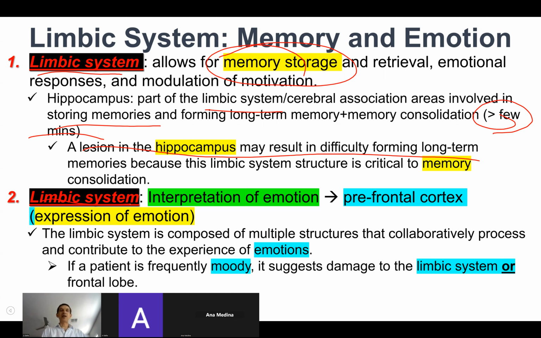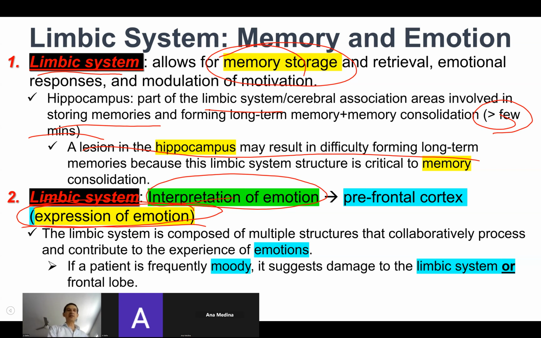This also includes an interpretation of that emotion, and this interpretation is sent to the prefrontal cortex, right in front of the brain. That's an association area which processes all that information, looks back into our history, our memories, makes the connection, and finally expresses our emotion.